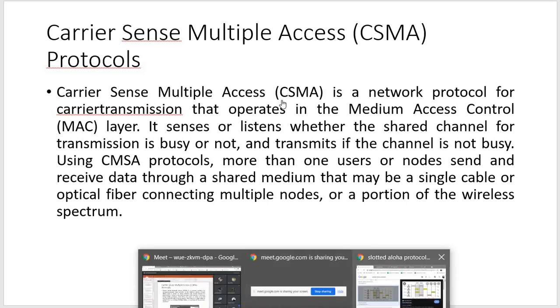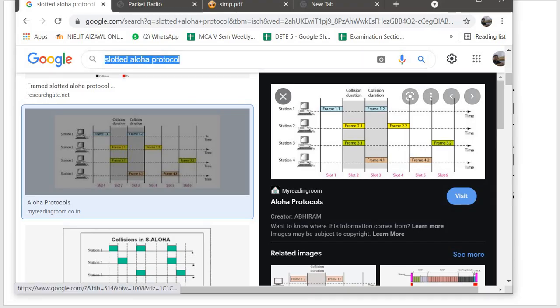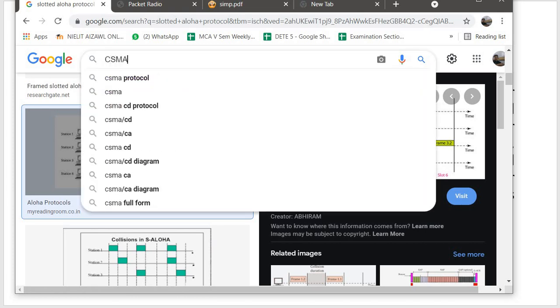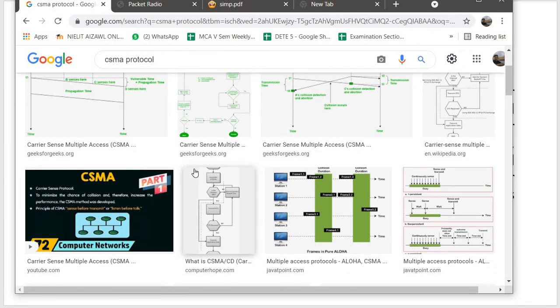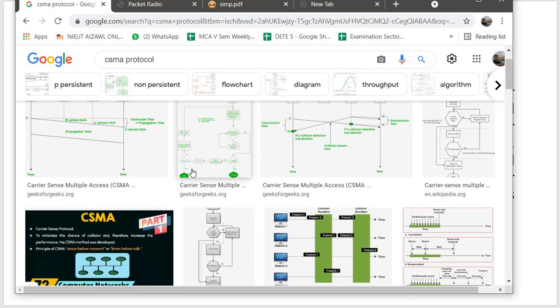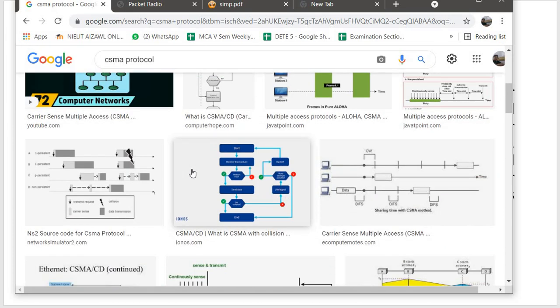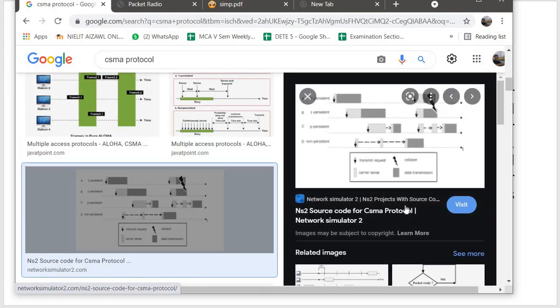Let's see one more example. In each and every transmission in CSMA, it senses the transmission channel.